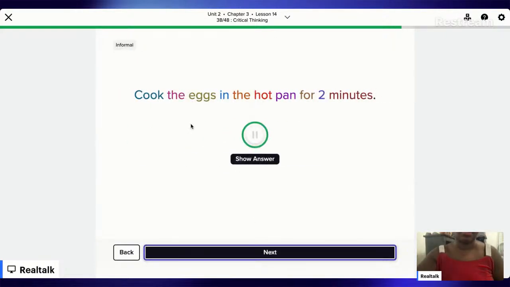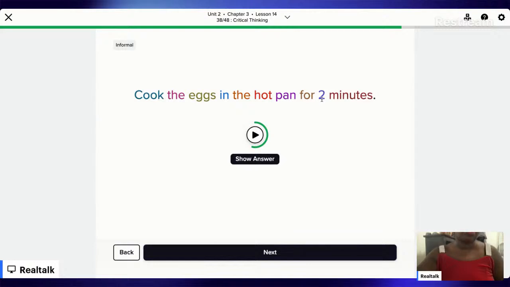If you're in an informal situation, how would you say, cook the eggs in the hot pan for 2 minutes? Cocina los huevos en el caliente, how do you say pan? En el sartén, I don't know.